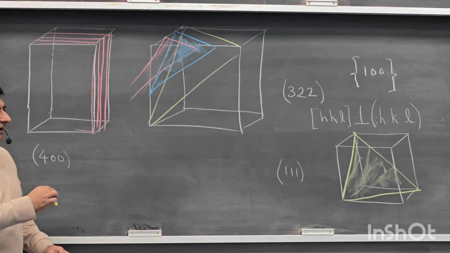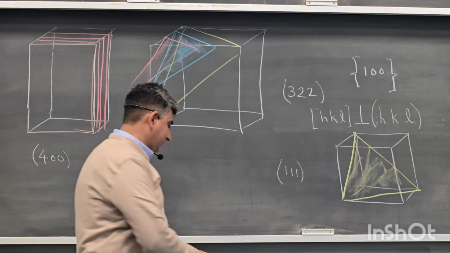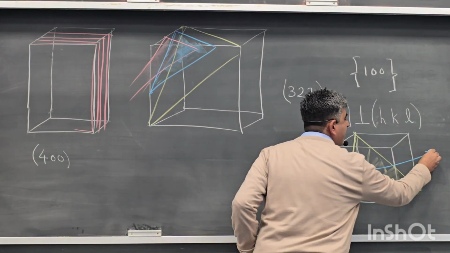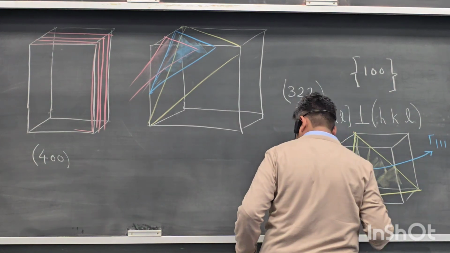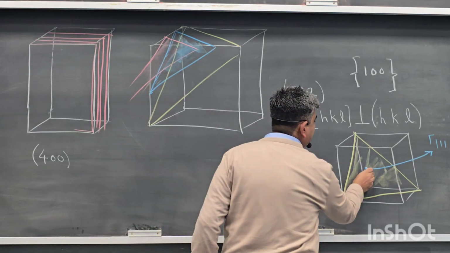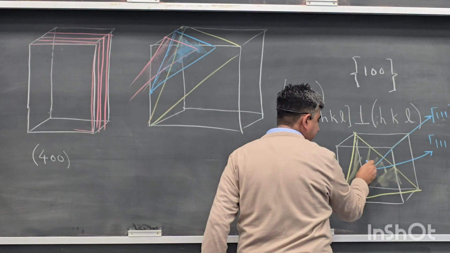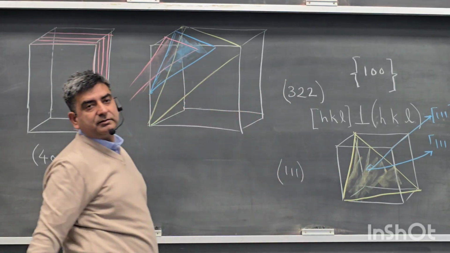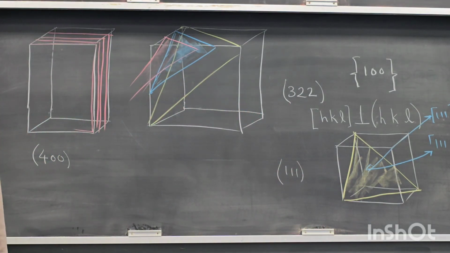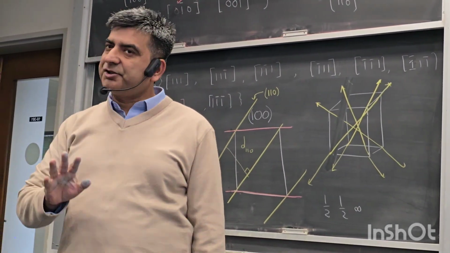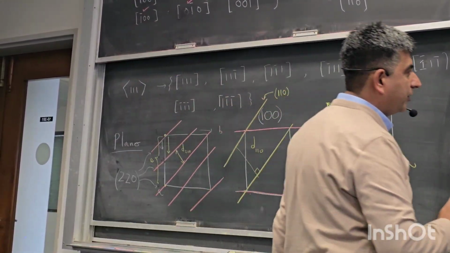Then the direction 1, 1, 1, which is along the body diagonal, is going to pierce this, in fact, like this, in such a way that it's perpendicular to the plane. But this is only true for cubic system. It's partially true for tetragonal, partially true for orthorhombic.